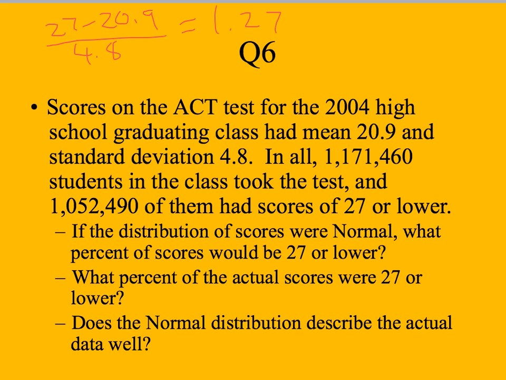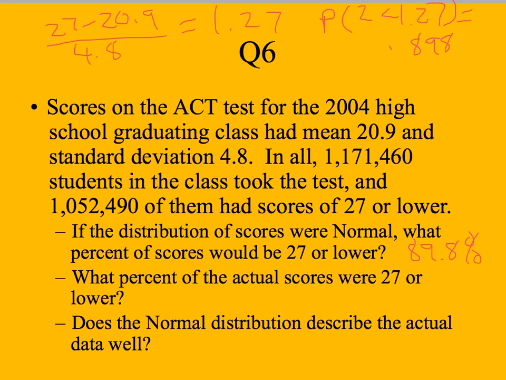Then you'd have to look at your table to find out what amount would be 1.27 or lower. So 1.27 cuts off the lowest 0.898. The probability that Z is less than 1.27 is 0.898. So 89.8% of them would be less than 27.